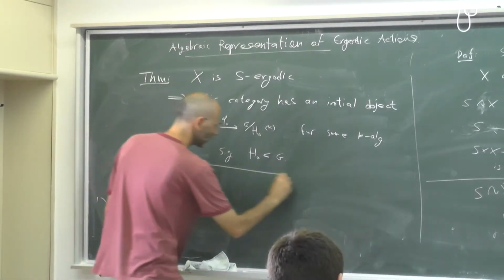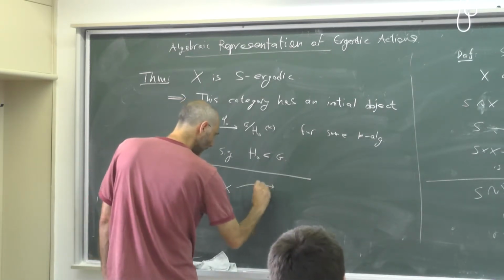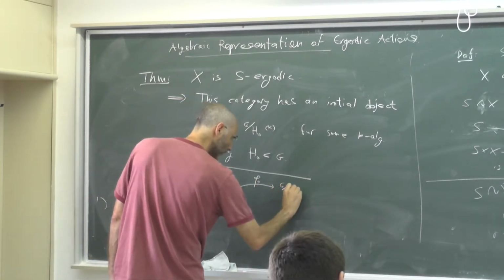So this means that, let me explain what it means. I'm having some fixed G mod H0.